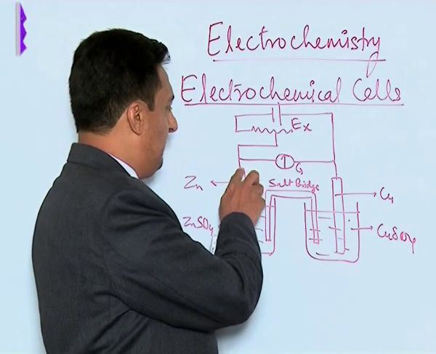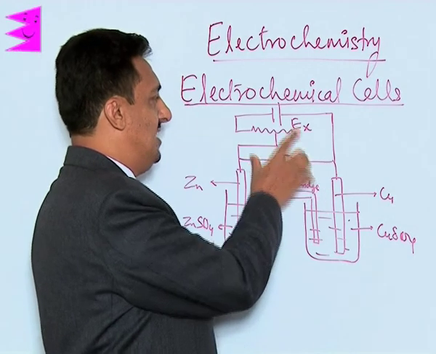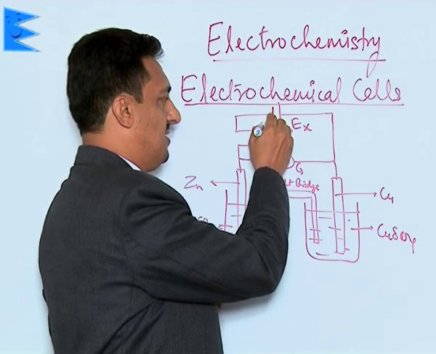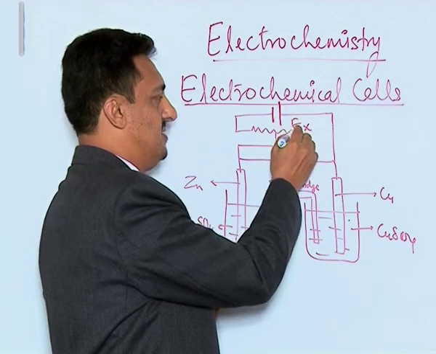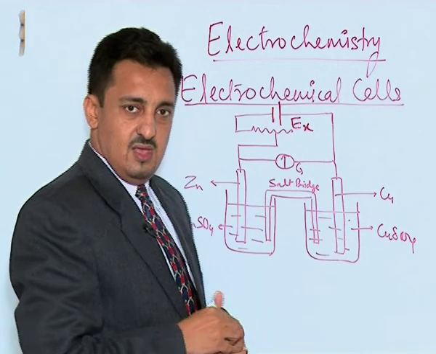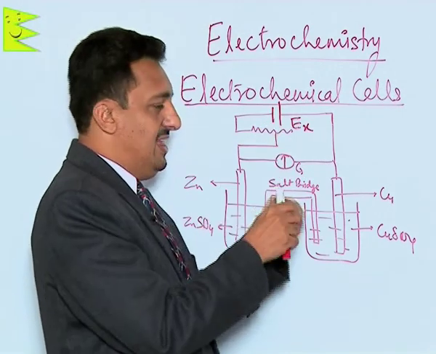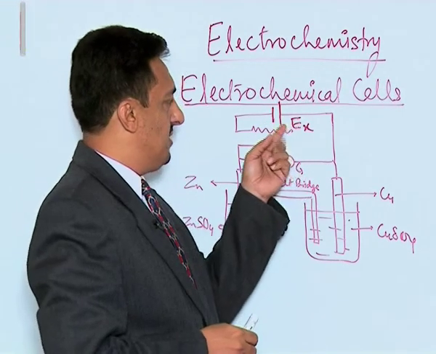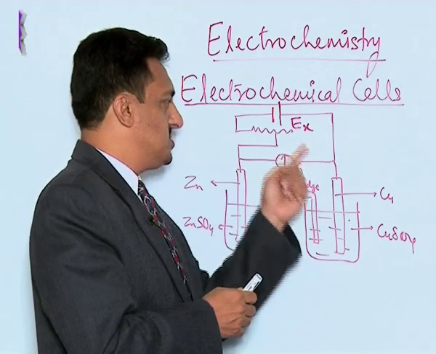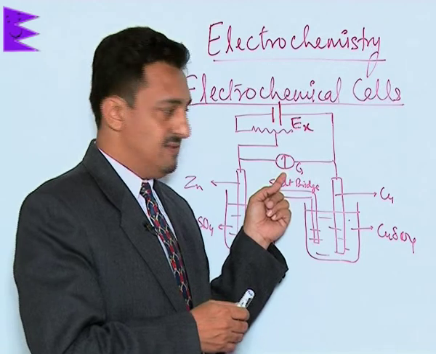Now what we have done is we have connected this cell to an external source, an extra battery or a cell, which is symbolized here as EX. We can vary the voltage coming out of this EX. The two sides are connected through a galvanometer.